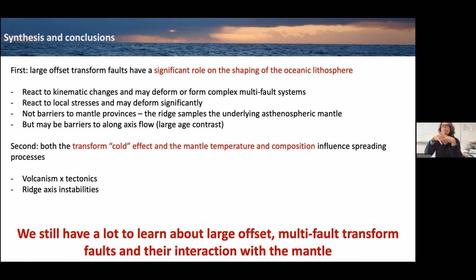So we still have a lot to learn about these very large offsets and multi-fault systems, and especially the way they interact with the underlying mantle. We still have open questions about how these features interact and how the mantle is important for the characteristics and the structure of the transforms themselves.